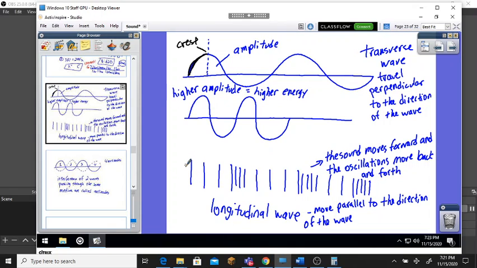Anytime you have a person shouting, okay, the air molecules are going to start crashing into each other, until they get to your ear, okay, over here. So the sound moves forward and the oscillations move back and forth. They move parallel to the direction of the wave. Okay, so the best way for me to show this is by showing you that other video.